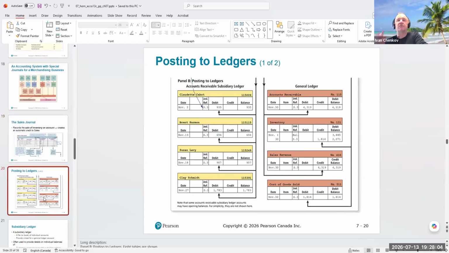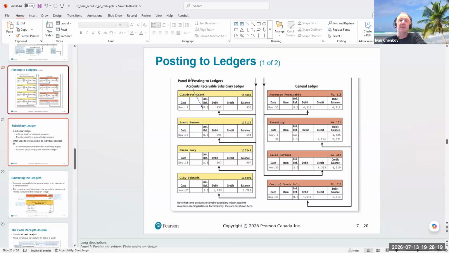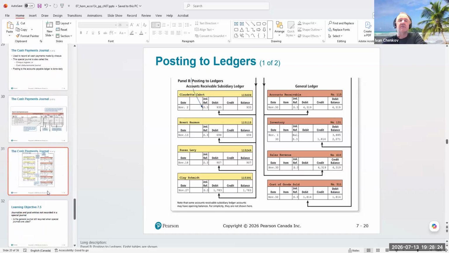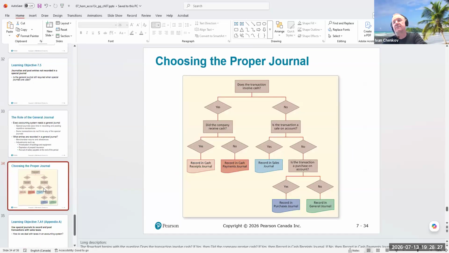How the system works is you have the general ledger account and a subledger to that general ledger, which gives you an analytical breakdown of the amount of accounts receivable or accounts payable, respectively. And the other thing is to know how to apply this chart. And that's your chapter 7. I'm going to stop right here.